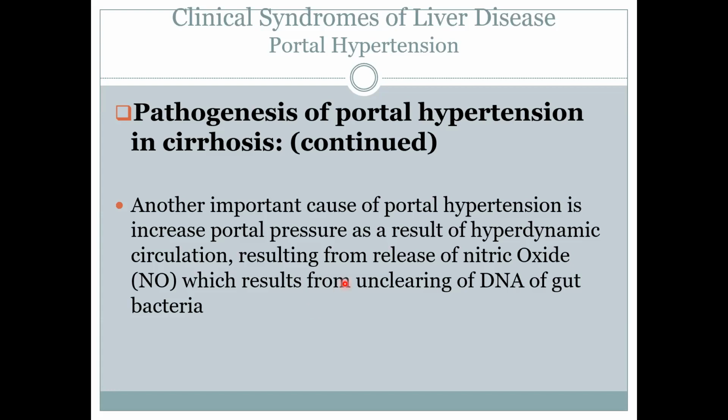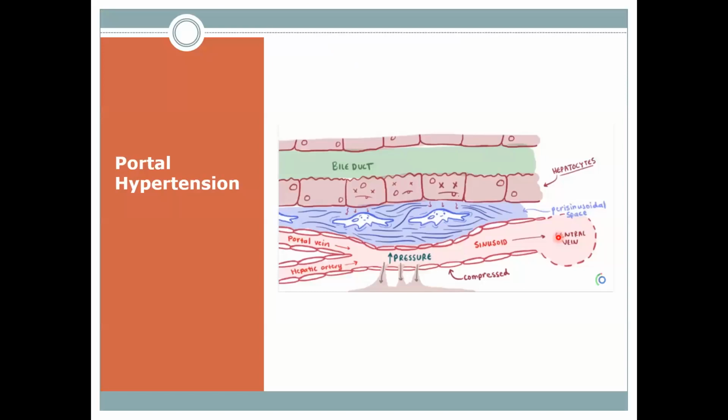As a result of that, the inflammatory cells at that site are going to be releasing nitric oxide, which is going to result in vasodilation, and that's going to result in hyperdynamic circulation, which is going to increase the portal tension. This is in the picture again.